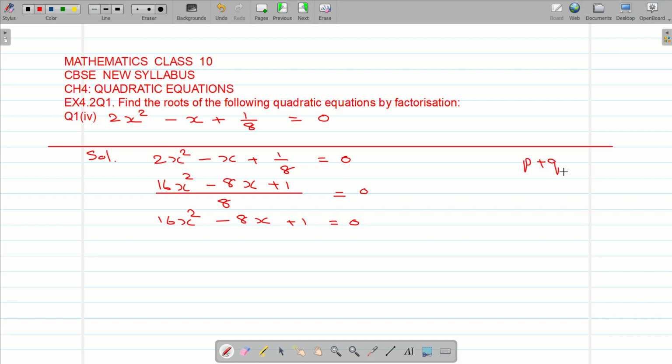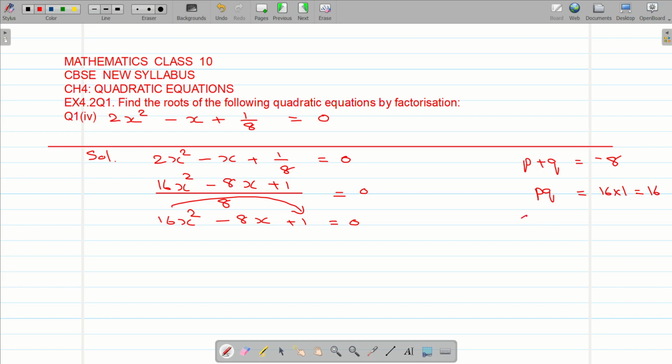Which are the factors? Sum of the factors must be minus 8, and the product should be 16 into plus 1, that is equal to 16. The product is positive, that means both the factors are of the same sign, and since the sign of the middle term is minus, both the factors are going to be negative.